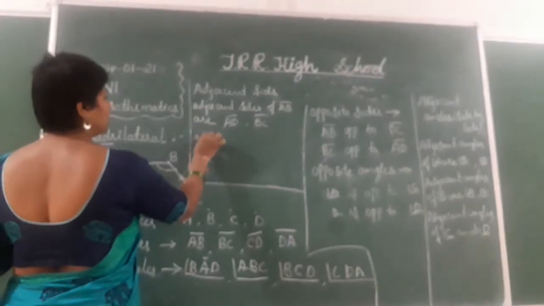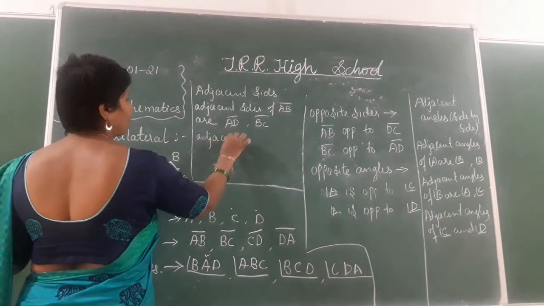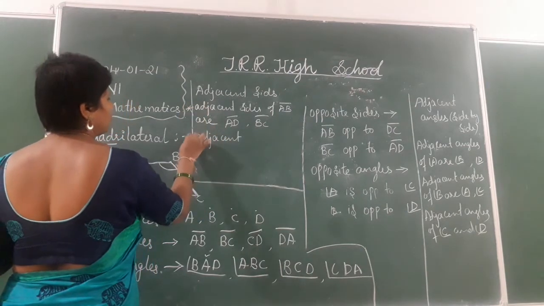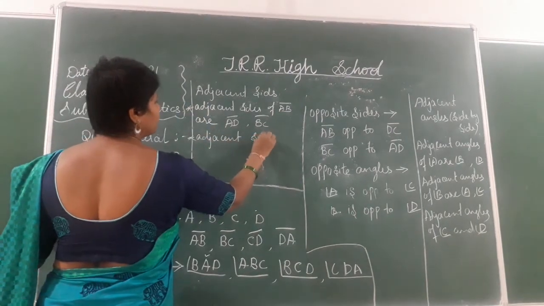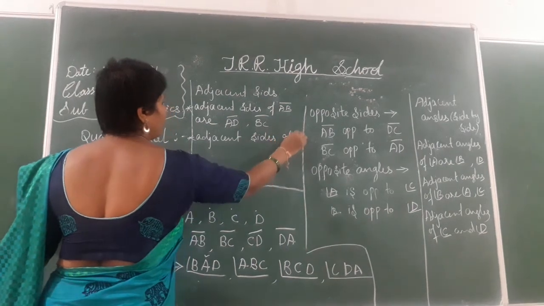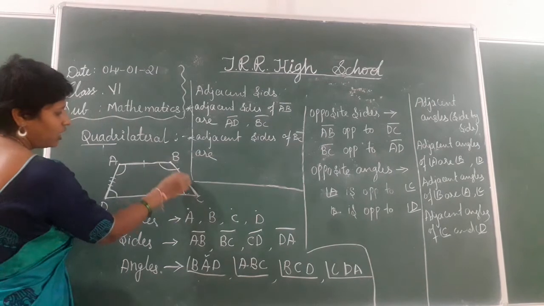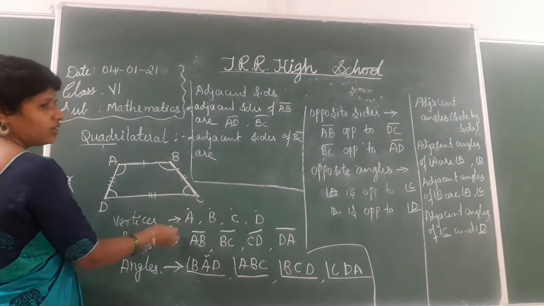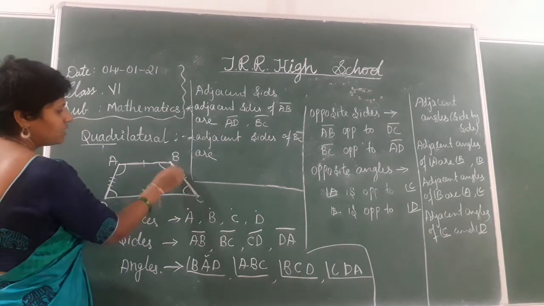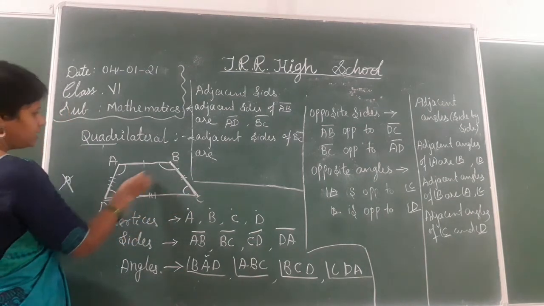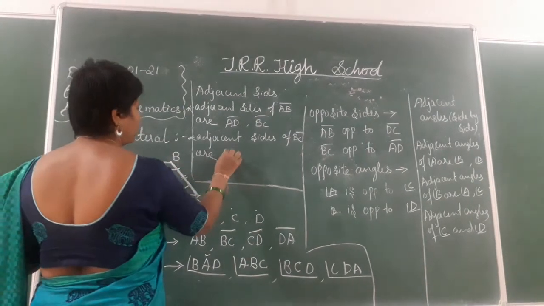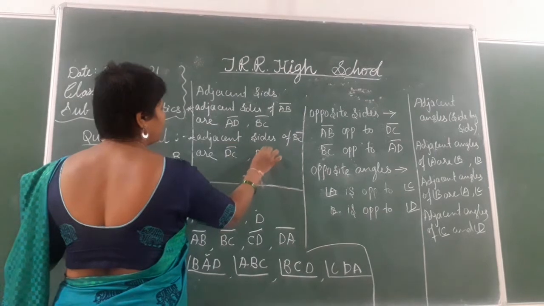So write down adjacent sides of BC. This is your BC. The line segments which are joining these two are DC and AB. So write DC and AB.